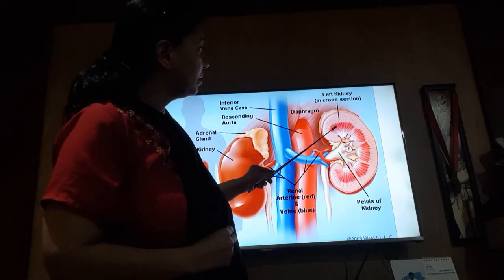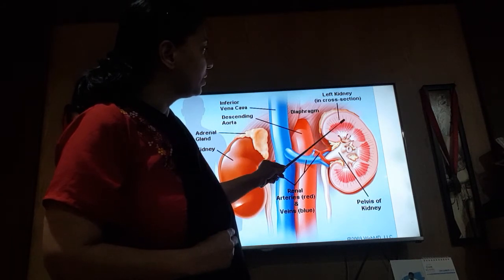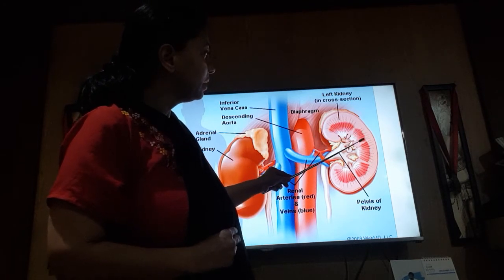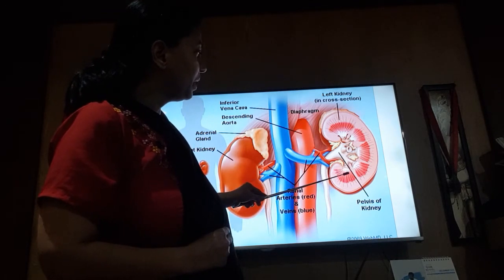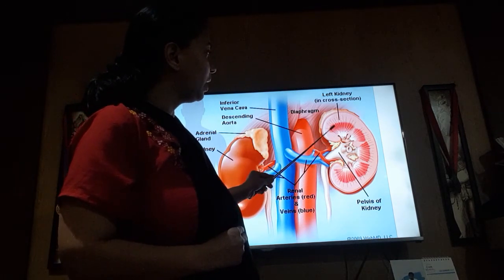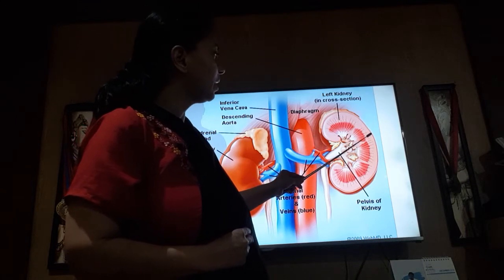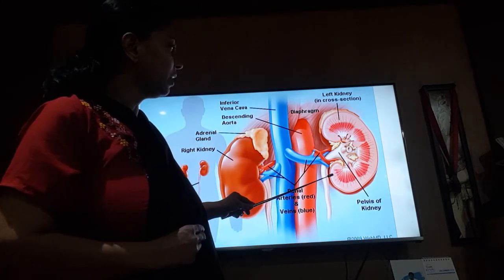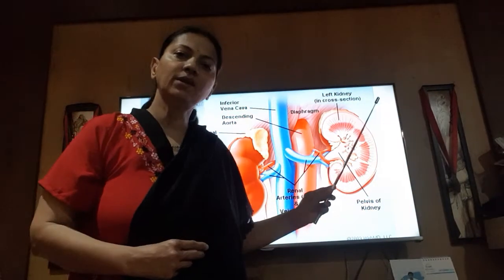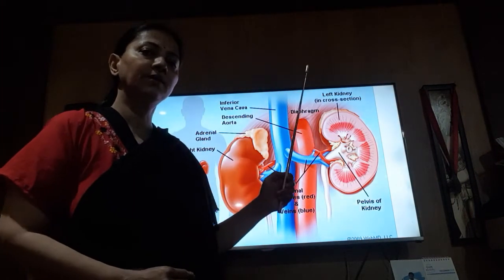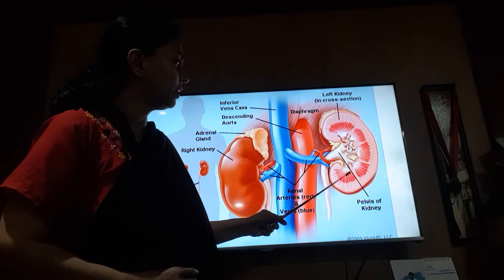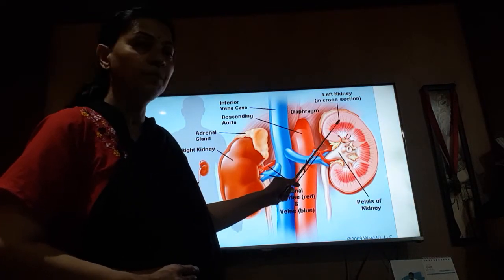And this dark color, you can see it's quite triangular in shape, isn't it? These are renal pyramids. So these pyramids are forming the medulla, and these light colored renal columns are forming the cortex. So outer is the cortex, renal cortex, and inner is the renal medulla.